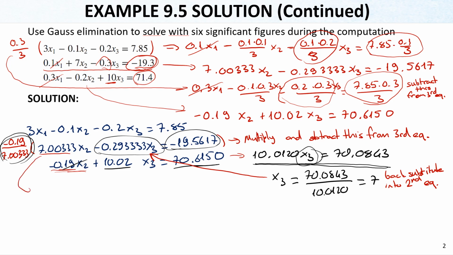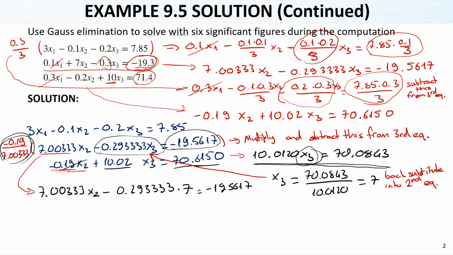Then from this one we will have 7.00333 x2 minus 0.29333 times 7, x3, is equivalent to minus 19.5617.